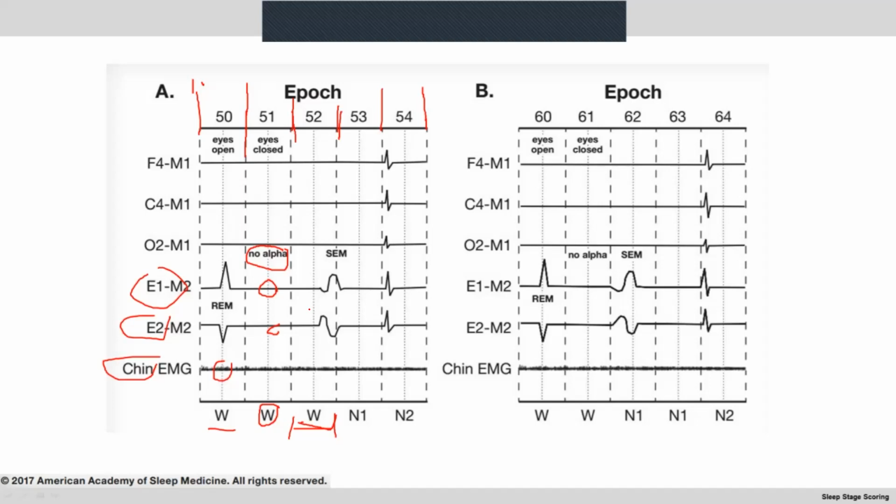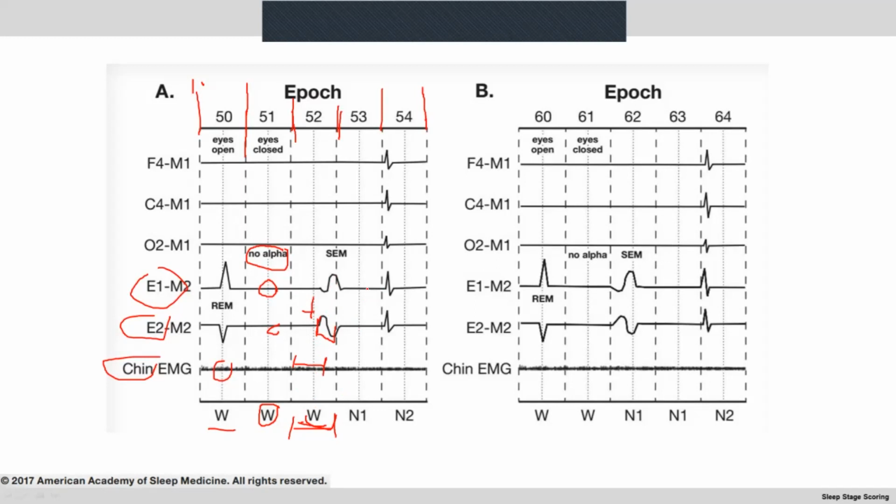In the first 15 seconds there is similar activity, no alpha, but after 20 seconds there is appearance of slow eye movements. I told you, these are mainly present during stage N1. But this starts after 20 seconds, so most of the part is covered by wake only. That's why this is wake.